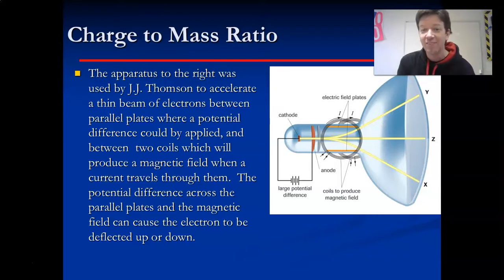Now we have these electrons moving across, and we can either apply a magnetic field going into the screen, or notice right here, there's two horizontal parallel plates. So we could apply a potential difference, where we have a vertical electric field.